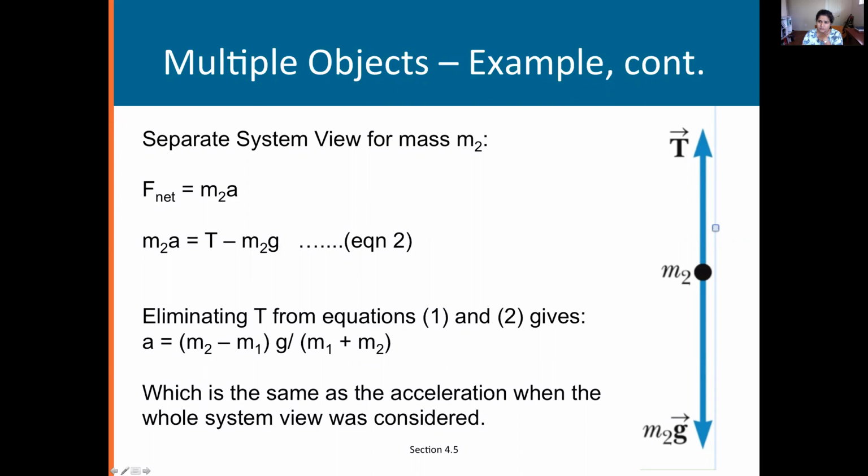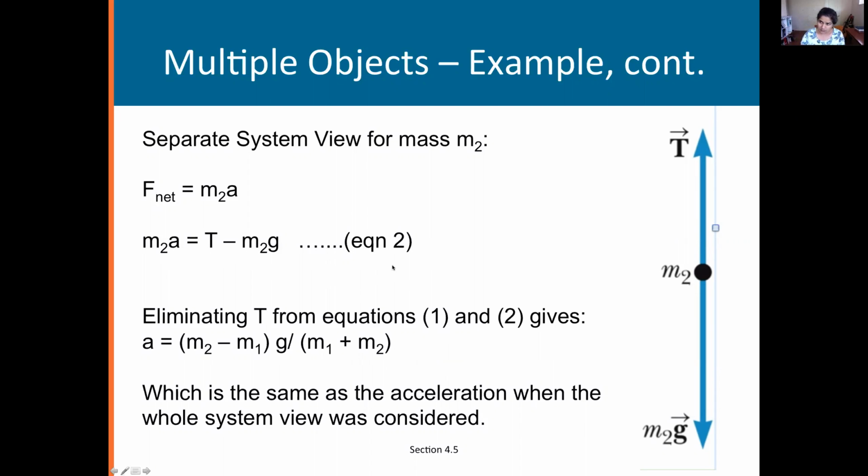So my net force is going to be tension minus M2g. And we're taking that because this is positive and M2g is negative, so we just need to do that algebraic sum. That's going to be my F net. And it's going to move only this object, M2, times acceleration. So it's my second equation.